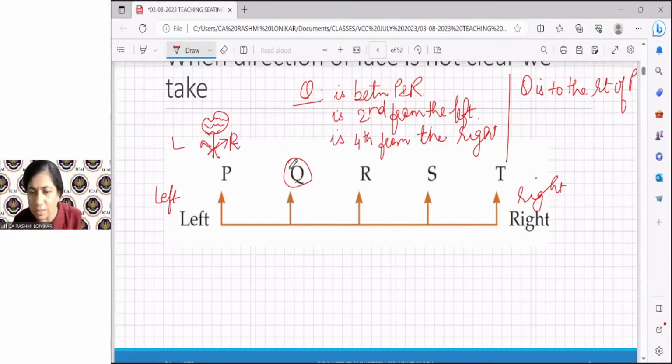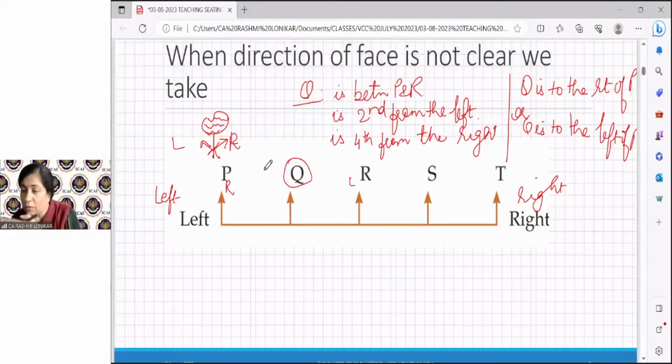So you can say that Q is to the right of P, or you can also say Q is to the left of R. This is R, this is R's left, so Q is to the left of R or to the right of P. So see, just 5 ways in which you can describe how Q is situated.